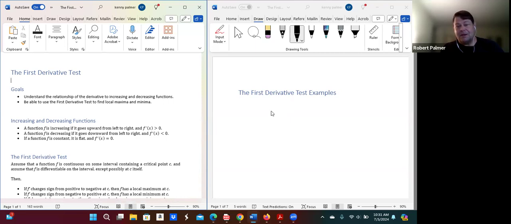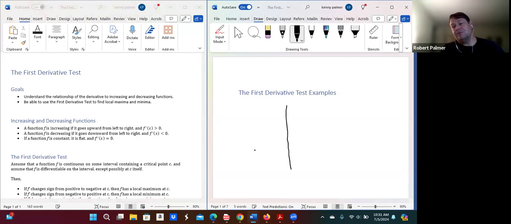Let's come over here to the right, and let's just look at a basic example, one we're all familiar with. Y equals x squared. So a parabola. Now, obviously on this side of 0, it's increasing.